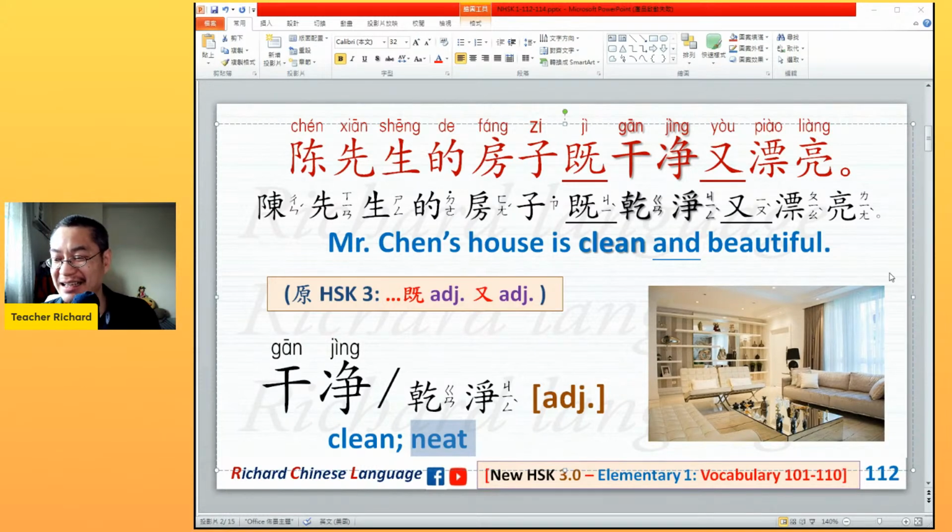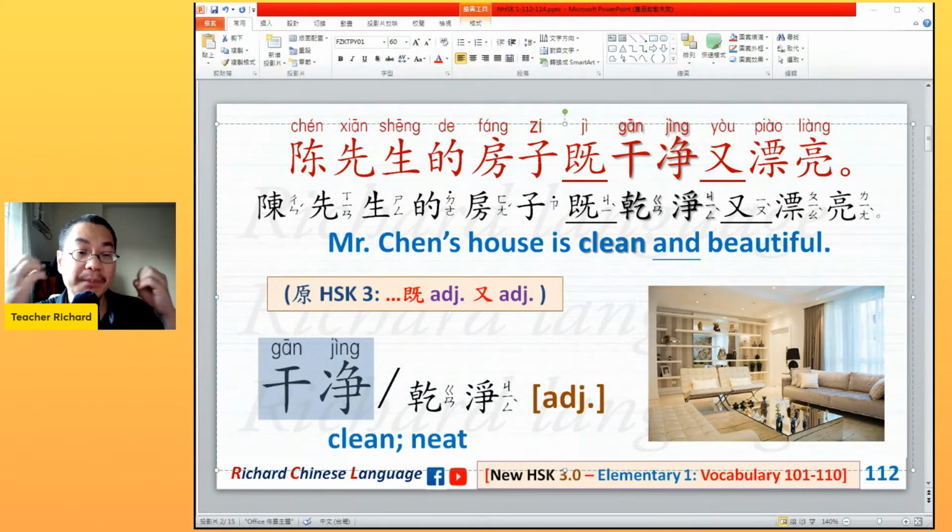Also, 干净 can be used to describe a place. Oftentimes, you can use 干净 directly to describe a place. For example, 我的房间很干净。房间 means room.